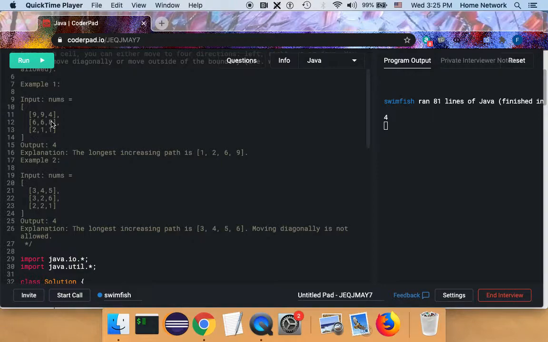After we explore both of them, we need to compare which path is longer. In this case, they are the same length. Then we go to this node. There's 1 direction to explore. This node, 2 directions. We need to explore both directions. This node, no directions.